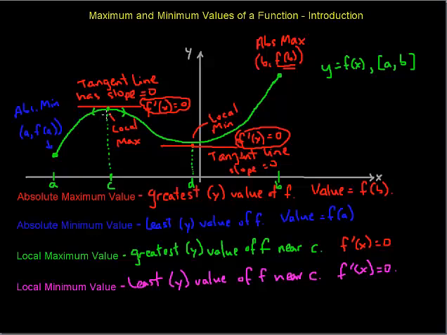The local max is the greatest y value of f near a specific point, c. And our local min occurs near d, and it's the least y value of f near d. Both the local max and local min occur where the first derivative equals 0.